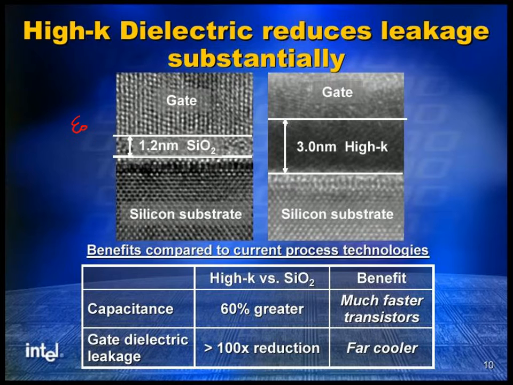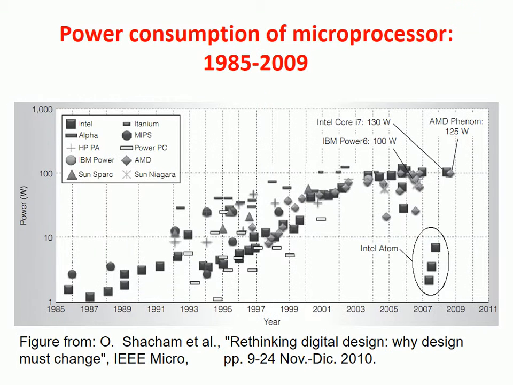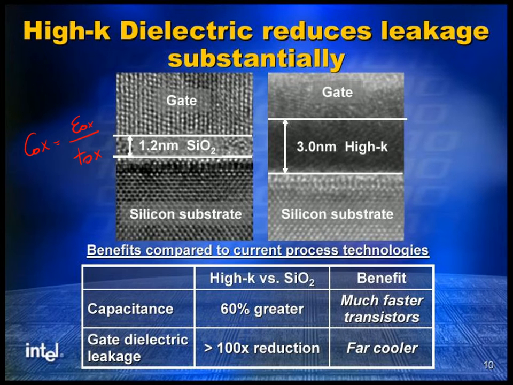You remember COX, the oxide capacitance per unit area, is the dielectric permittivity over the oxide thickness. So the dielectric permittivity of silicon oxide is 3.9.